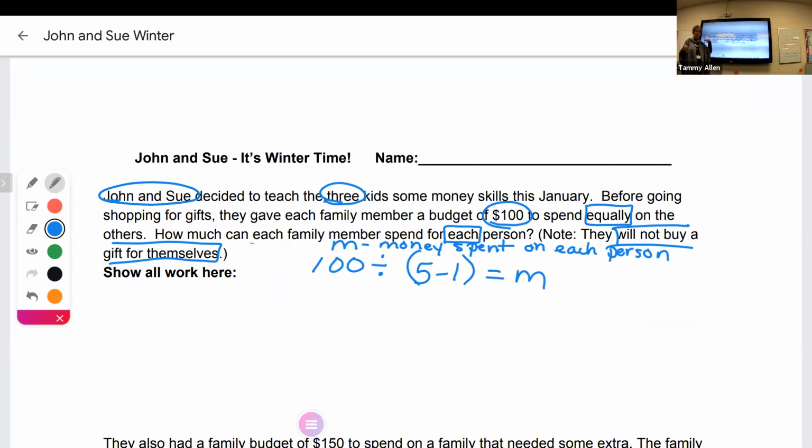What do we have to do first? 5 minus 1. Right? Because what's in parentheses? Yes. So off to the side now, we need to do 100 divided by 4. How many times is 4 going into 10? 2.